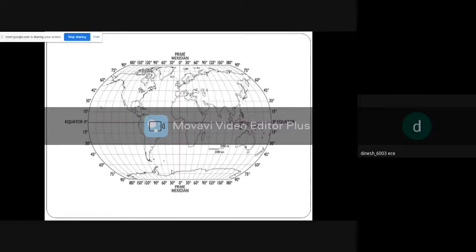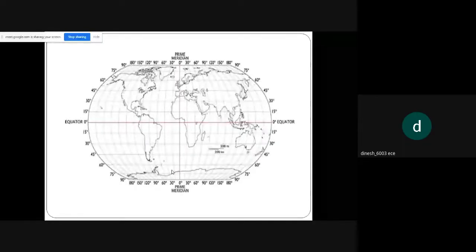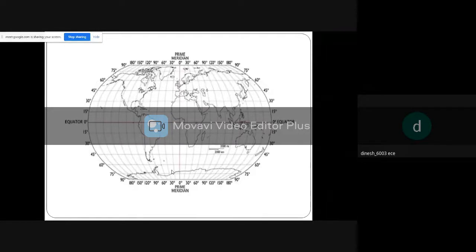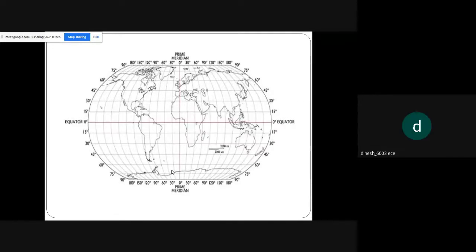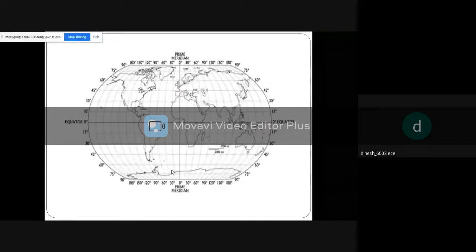From top to bottom, imaginary lines are drawn, and in the center, from top to bottom, is given as 0 degree, which is the Greenwich meridian. The time measured at 0 degree is your Greenwich meridian time, GMT, we call it in short.